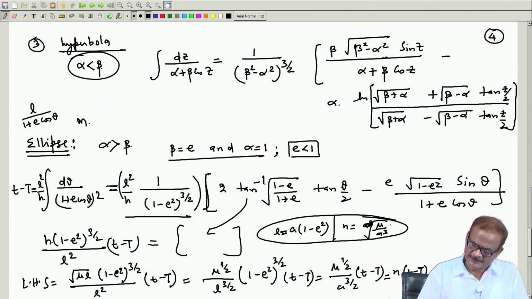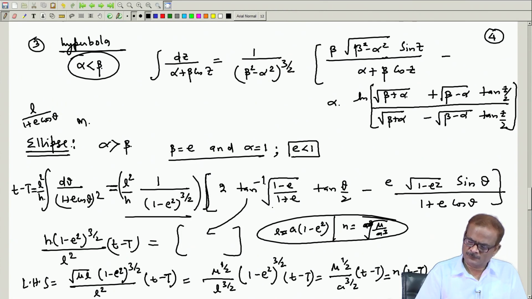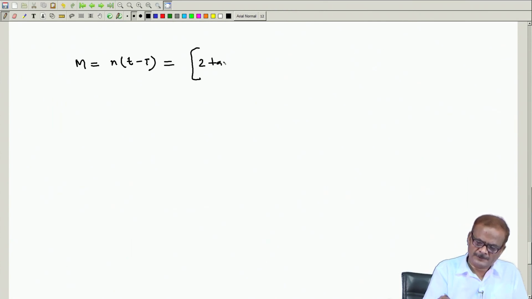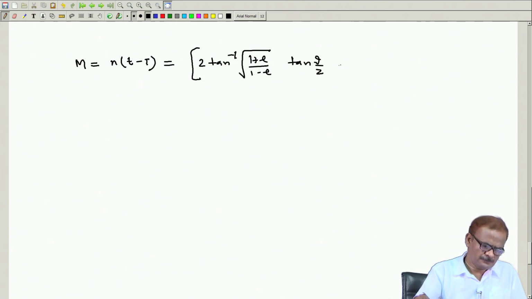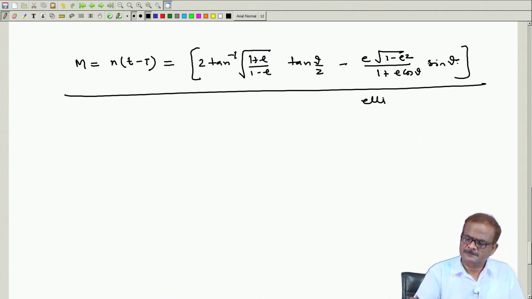So, the left hand side in this equation gets reduced to M. Therefore, you get M equal to n times (t minus t naught), and on the right hand side then the whole thing we have to copy from this place, which is 2 tan inverse of the square root of (1 minus E) by (1 plus E) times tan theta by 2, minus E times the square root of (1 minus E square) times sin theta, divided by (1 plus E cos theta). So, this expression is for ellipse.